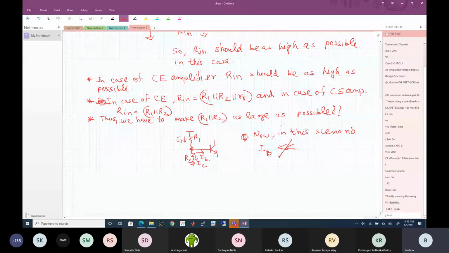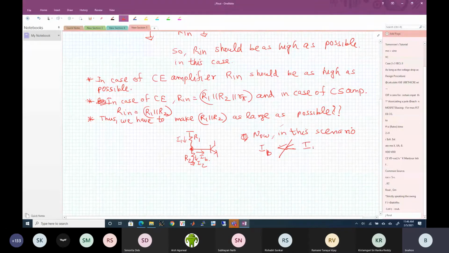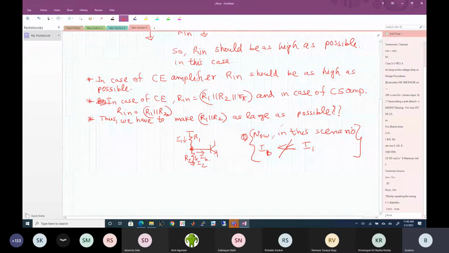Basically, we started out the DC bias point analysis considering this is I1, and IB is much smaller. We gave a reason for why we should not waste current, so we make this as large as possible. Besides not wasting current, we also make this as large as possible so that we get the maximum gain from the input to the output.